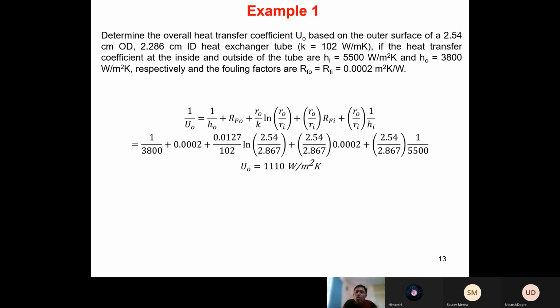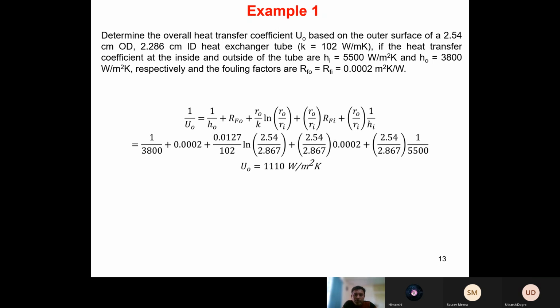If I calculate this without the fouling factor, let's see what value I get, let me just calculate that. 3800 inverse plus 0.0127 divided by 102 multiplied by ln of 2.54 divided by 2.286, plus 2.54 divided by 2.286 into 5500 inverse.